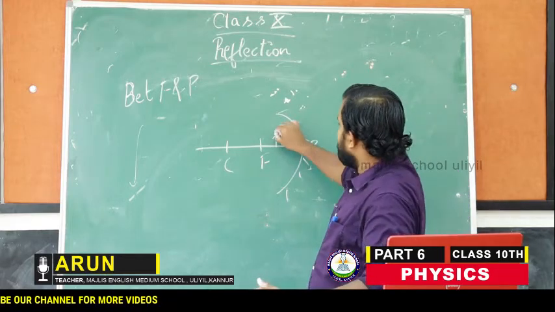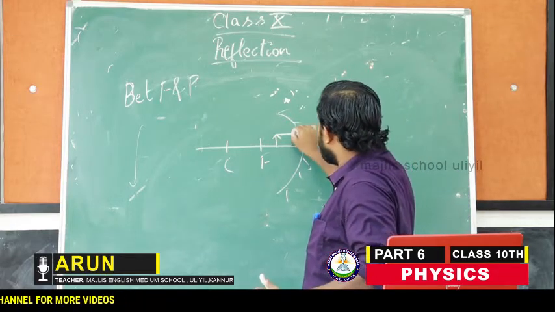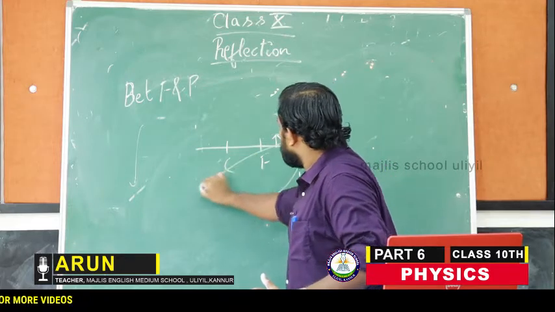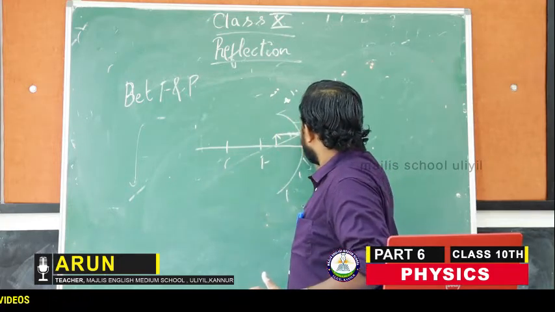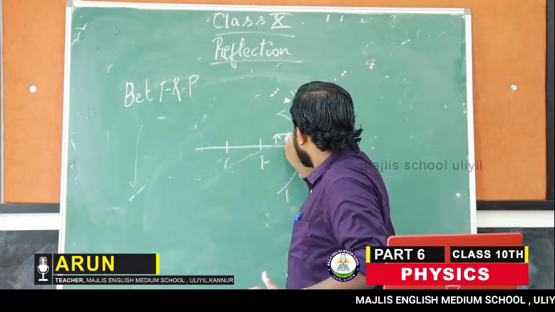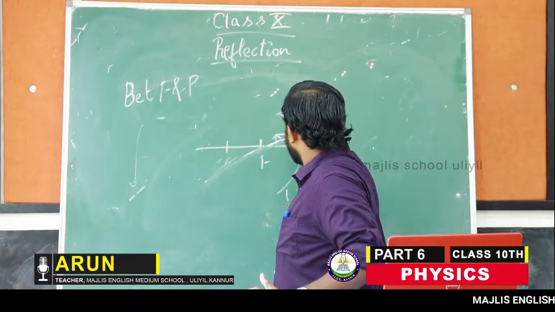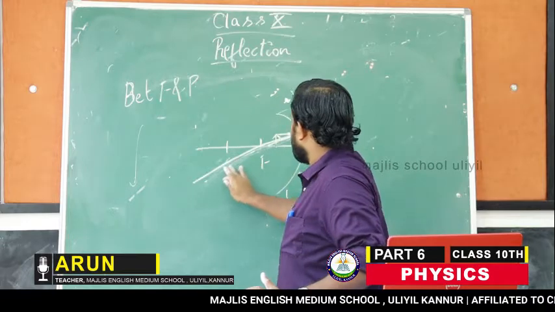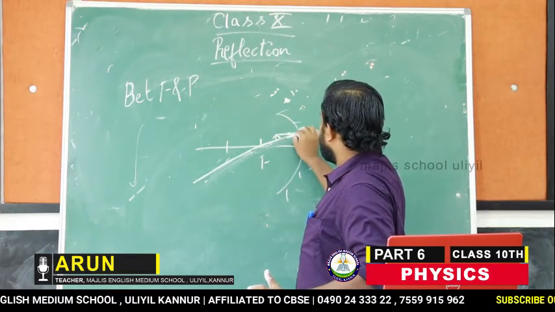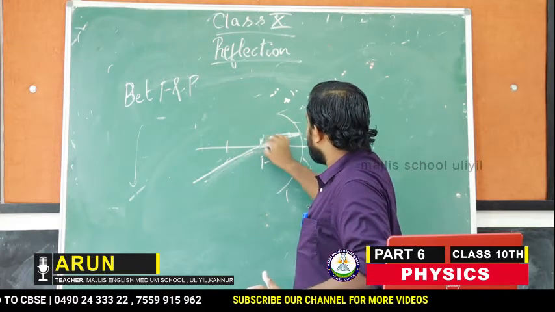So one ray will be parallel to the principal axis, passing through the focus. Since I am not using a scale, I am facing this problem.